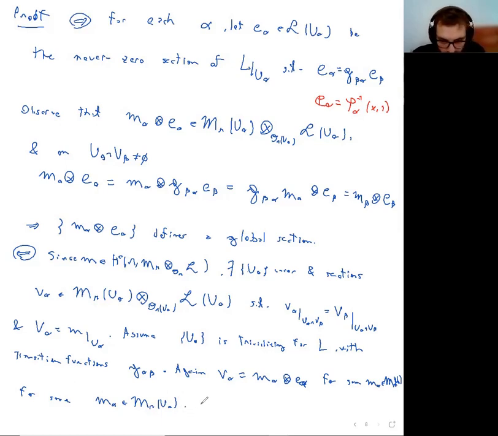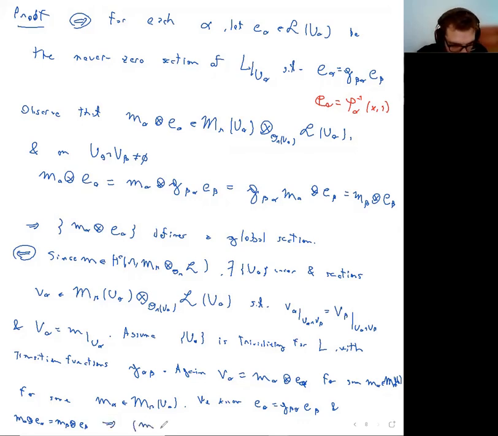And now we know two pieces of information. Of course e alpha is g beta alpha e beta. And we know, as we wrote before, that m alpha tensor e alpha is the same as m beta tensor e beta. So now we can substitute e alpha with g beta alpha e beta.